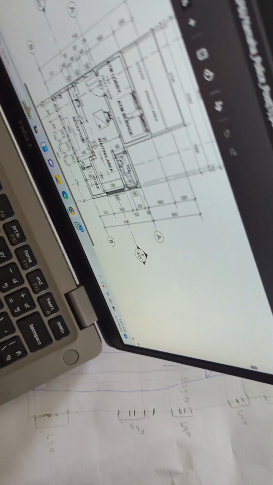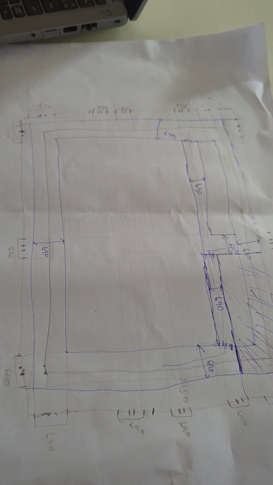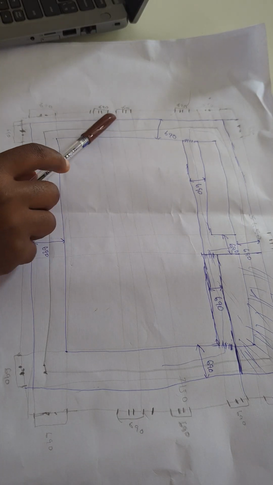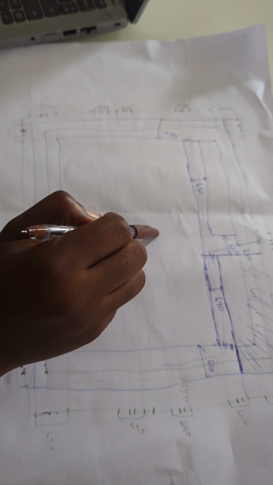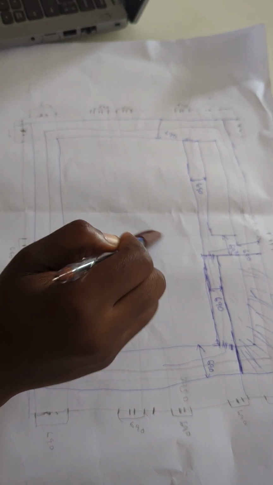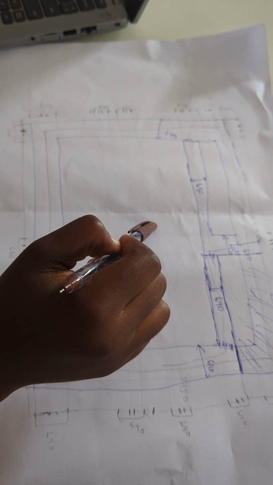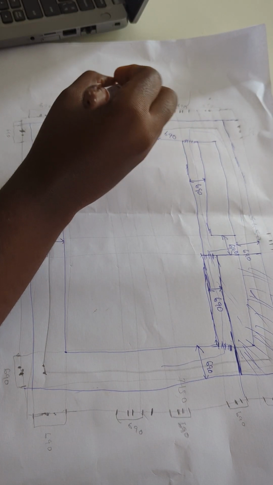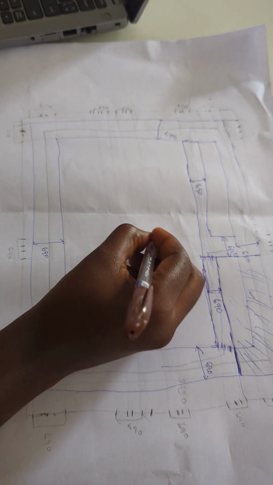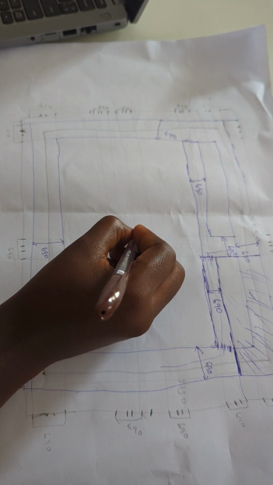Okay. So remember that this one and this line, they meet here. All right. So this and this meet here. So this is the 1717. It meets here and it meets here.